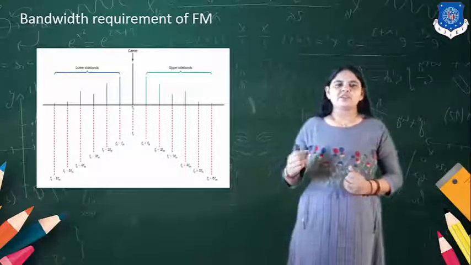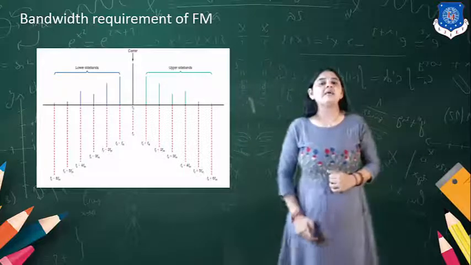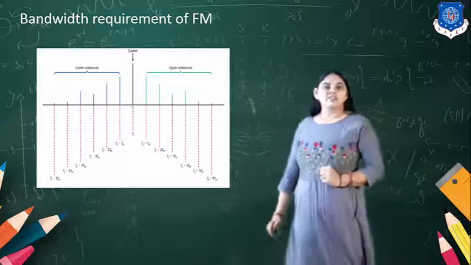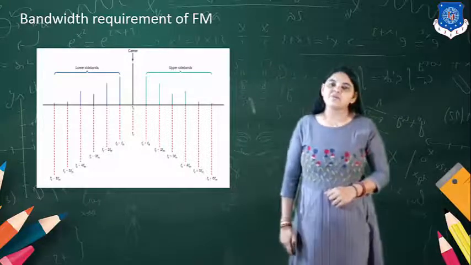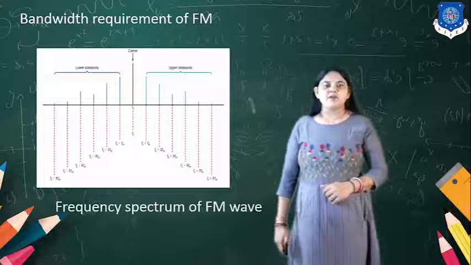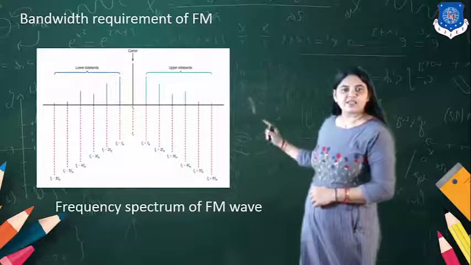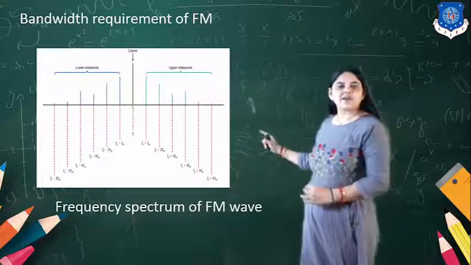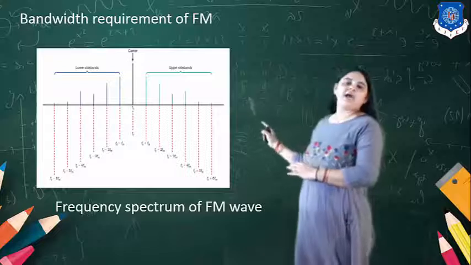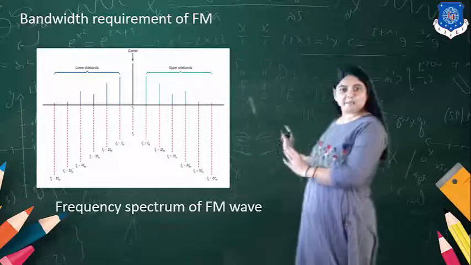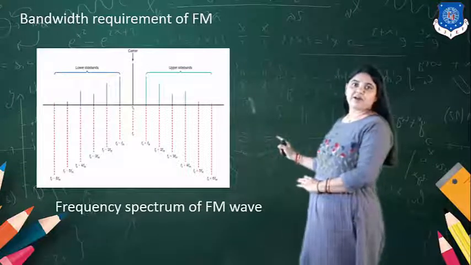Here, there is one carrier with many sidebands, and all these sidebands form the one FM wave. Keep in mind these values: fc is the carrier frequency, then fc minus fm, fc plus fm, fc minus 2fm, fc plus 2fm, fc minus 3fm, fc plus 3fm.